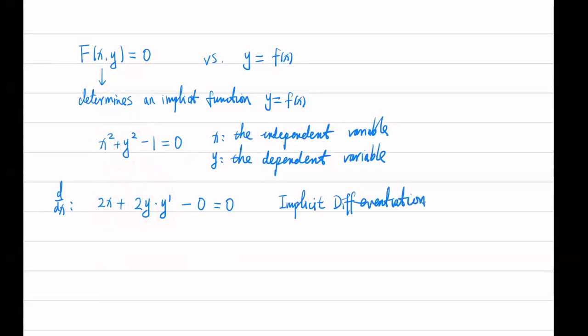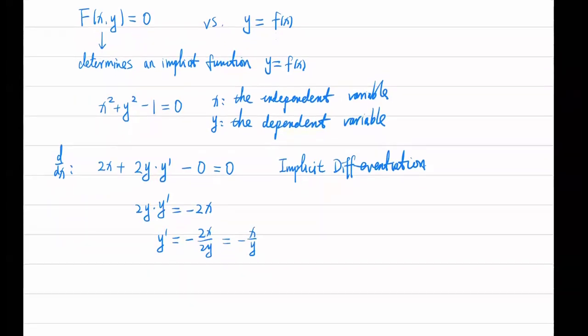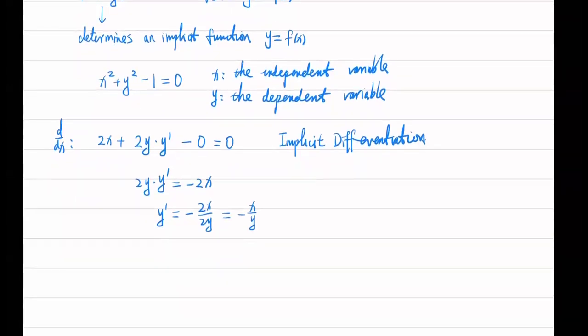So we solve the equation for the derivative of y. That's the formula for this derivative.